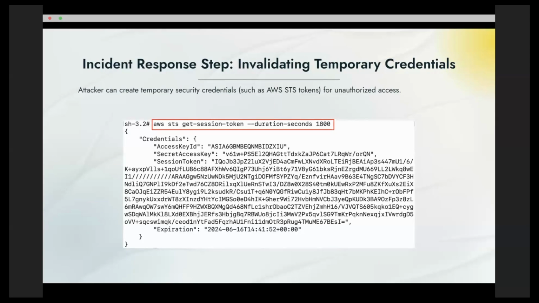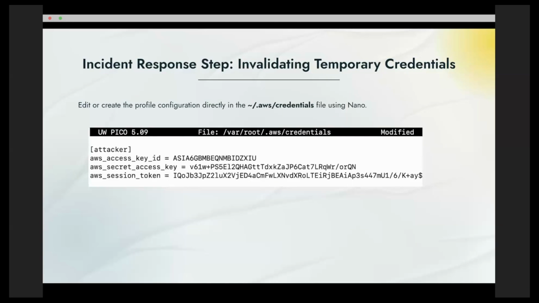That duration can be anywhere between 15 minutes and 36 hours. In this example, the attacker has generated temporary security credentials using the original compromised credential and set the duration to 30 minutes. You can see that apart from the access key ID and secret access key, we get an additional parameter called the session token.